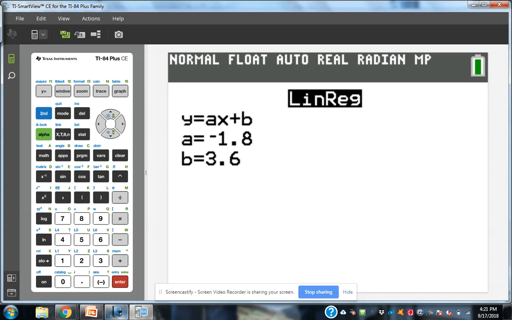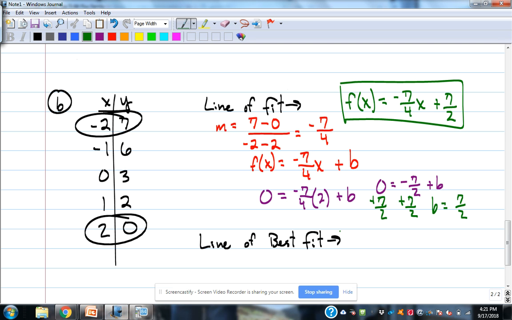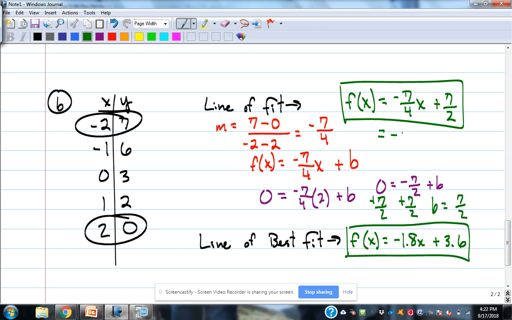Negative 1.8, positive 3.6. f of x is negative 1.8x plus 3.6. If we had these in decimal form, that would be negative 1.75x plus 3.5.